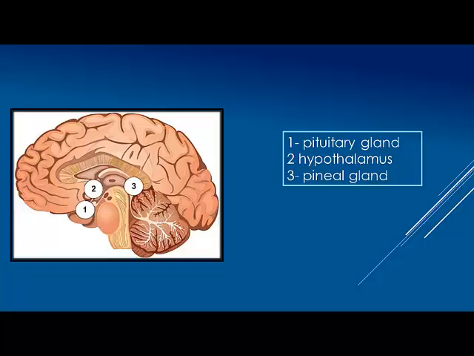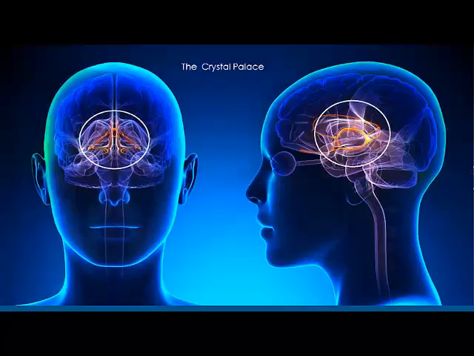The Taoist doctors, who really were quantum doctors, say that between the pineal and the pituitary gland, which they called the crystal palace, was the origin of light in the brain. They saw it as flashes of light in the middle of the brain. What they were really talking about was the flow of cerebrospinal fluid in the ventricle there. This is what they were seeing, and they called that the crystal palace.